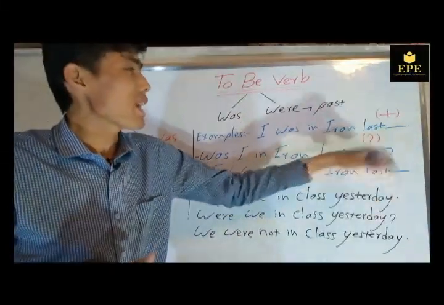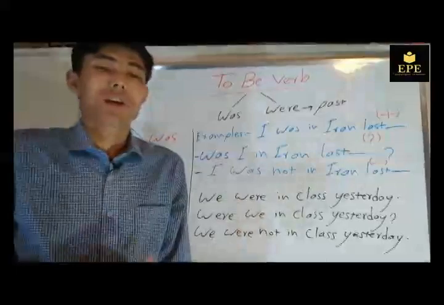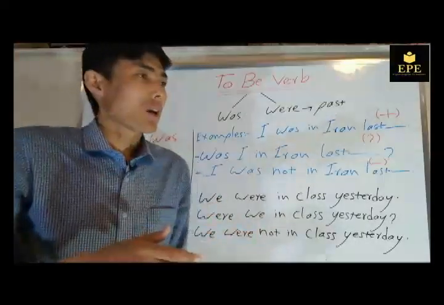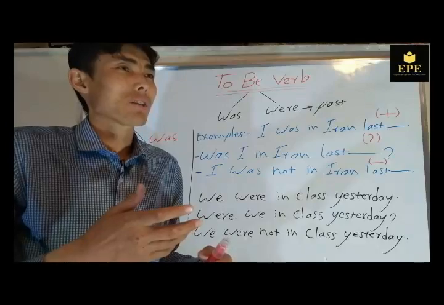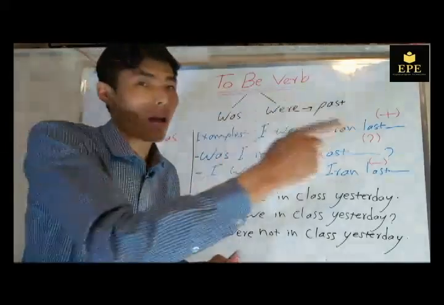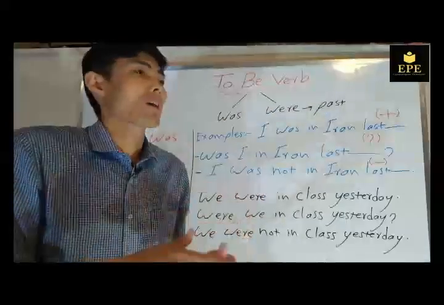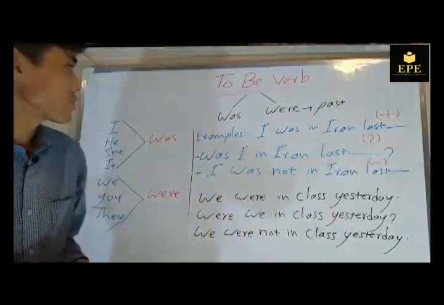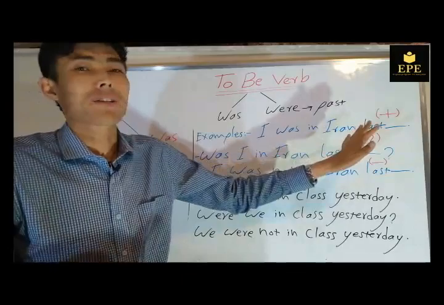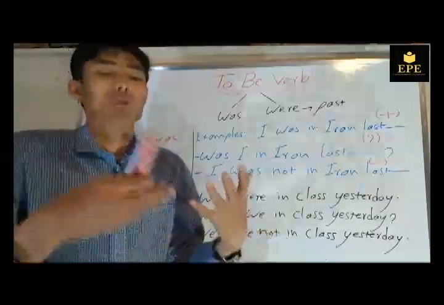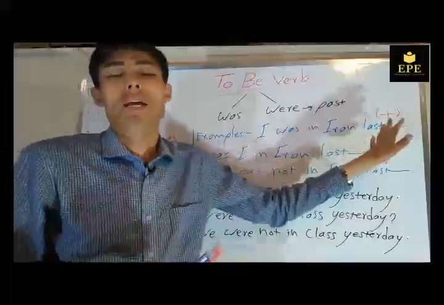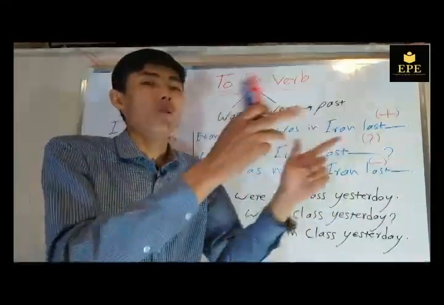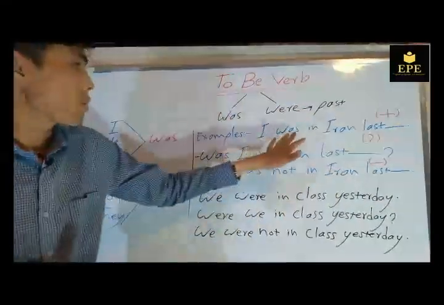Or you can say yesterday, 3 minutes ago, 3 days ago, something that shows the past, the time that has passed. So I was in Iran last year, last week, last month, yesterday, 3 days ago, like that. Was here shows the past.